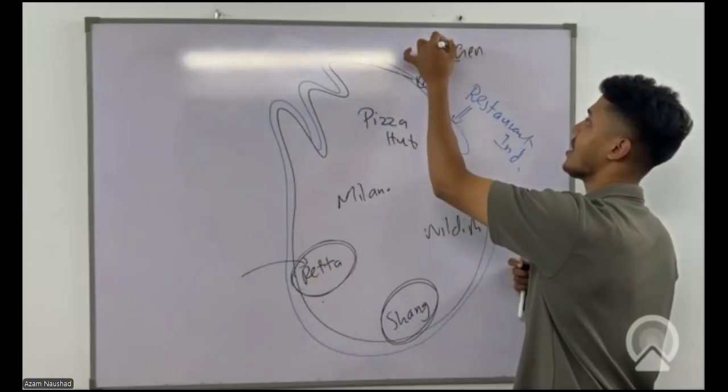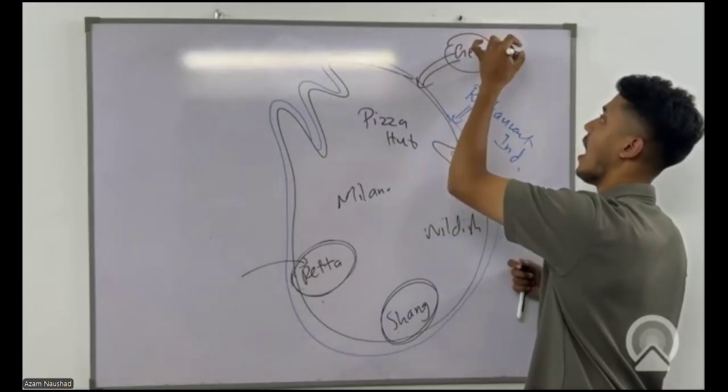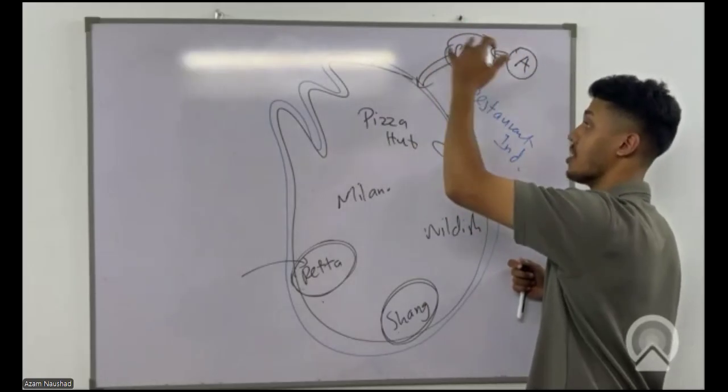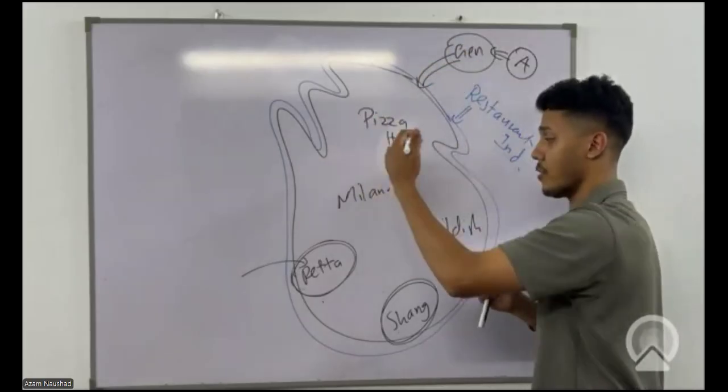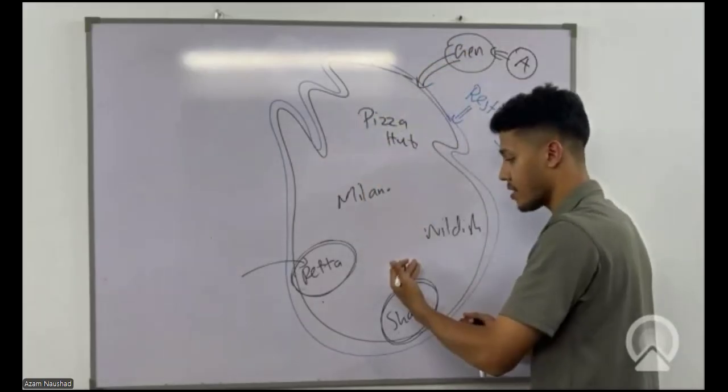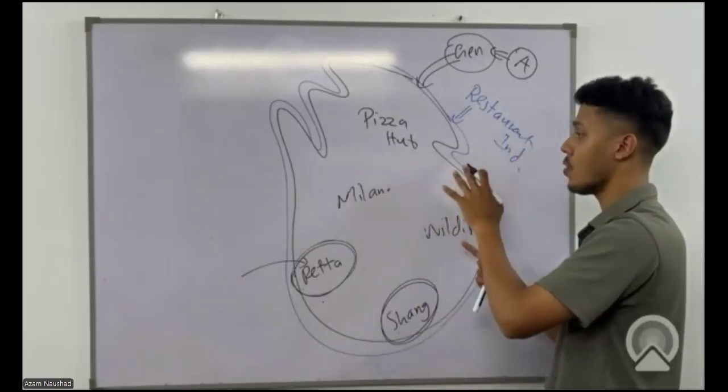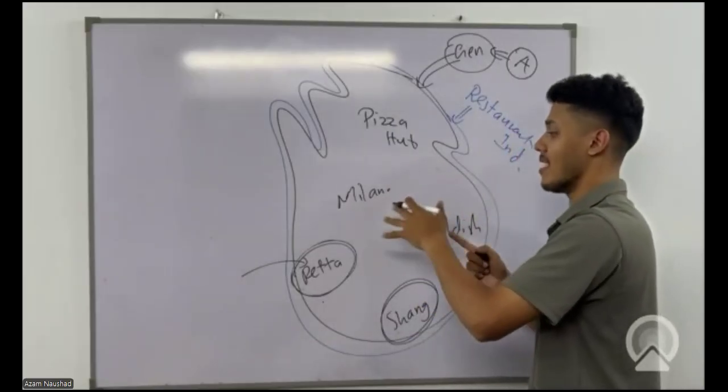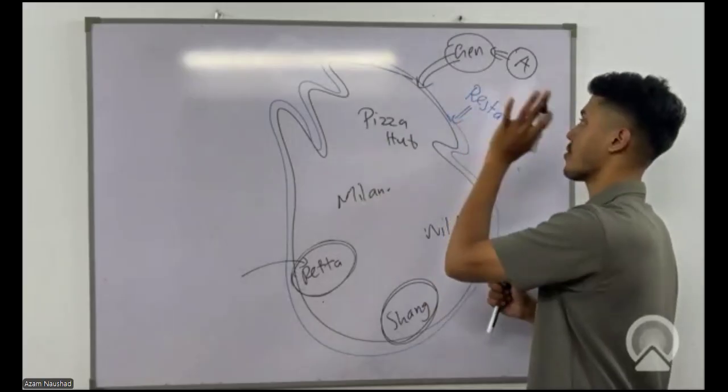Let me mark the general idea as answer A. The general idea, which means you need to talk about Pizza Hut, you need to talk about Milano, you need to talk about Wilish, every stuff and every in and out in the restaurant industry.